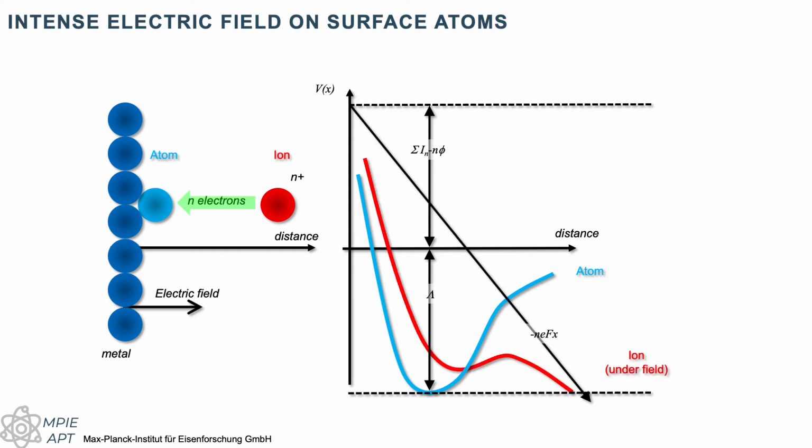But then if you start applying a high field, the ionic states would be affected by the presence of the field. And there's this additional term that comes in that is proportional to the strength of the field. What that means is that the transition from this atomic state to ionic levels of a higher or lower energy becomes possible by just hopping there above the energy barrier.